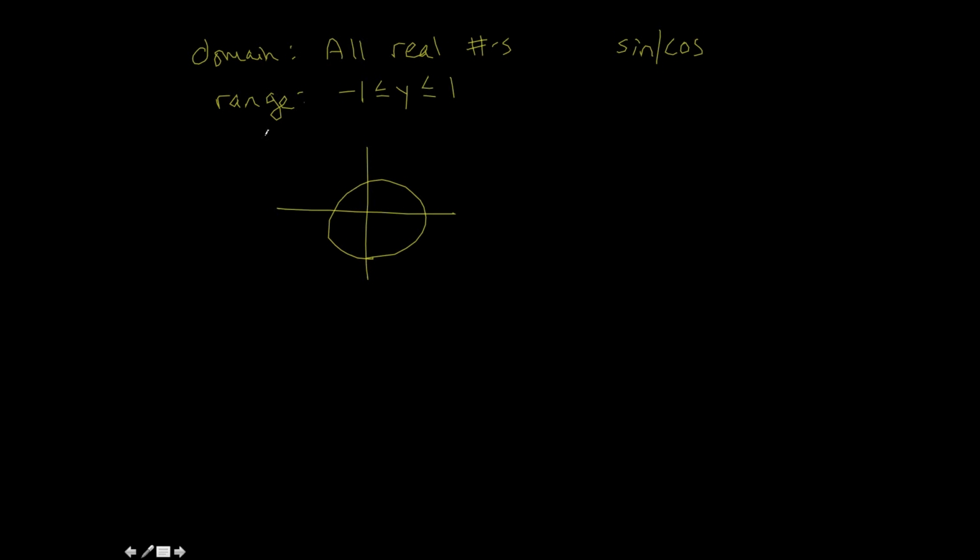Since we can correspond our points back to our unit circle, we're going to have a domain of all real numbers. But if you notice, no matter where that point is, the answer to the range is always going to be between 1 and -1.